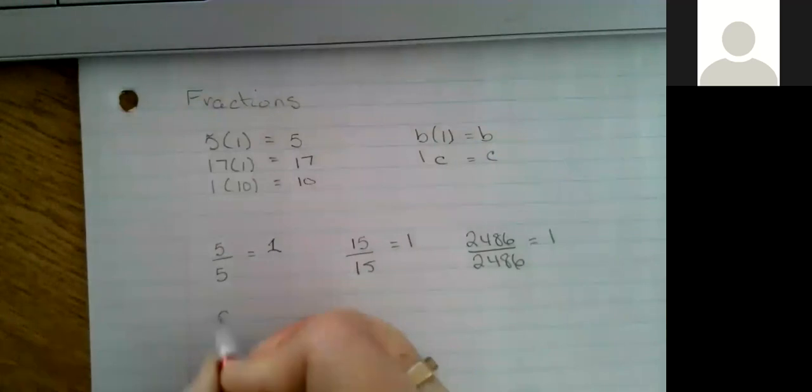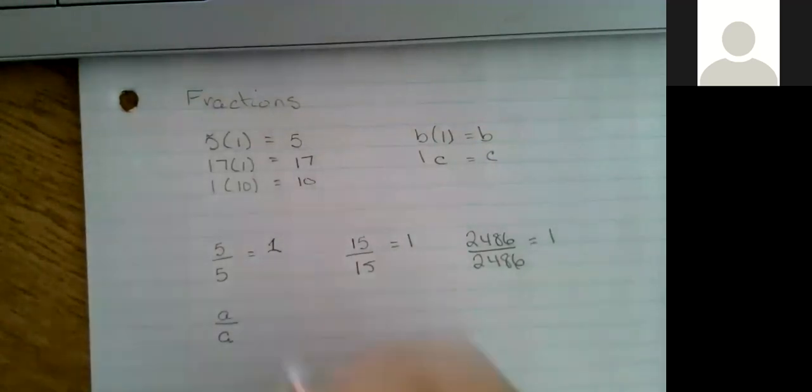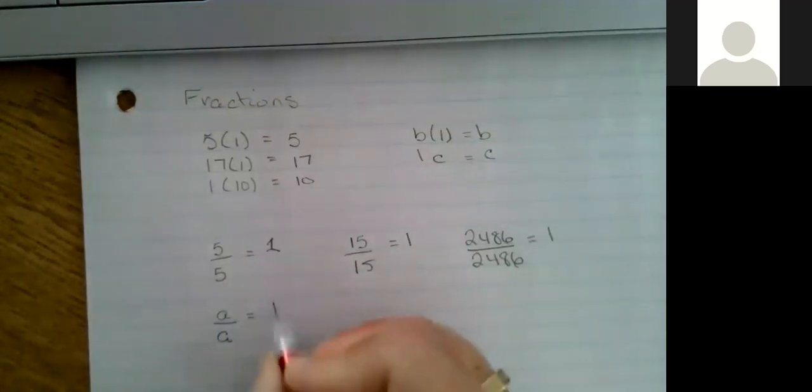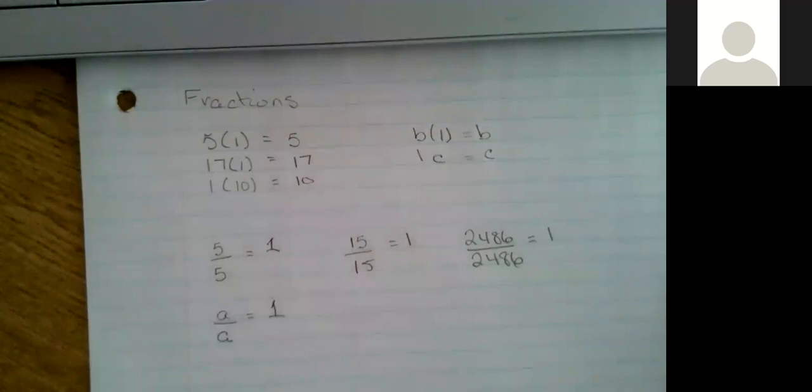So anything divided by itself is 1. And again, this also works if you have variables. So a divided by a is just 1. The a's basically cancel out, but be careful not to just say they disappear. They cancel out to 1.